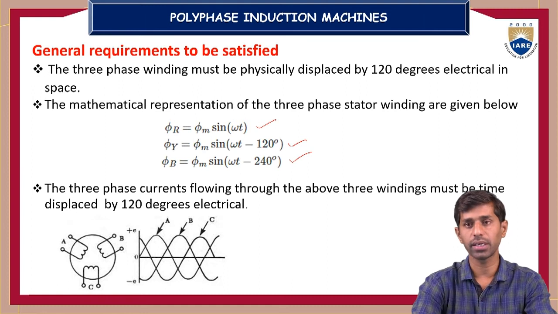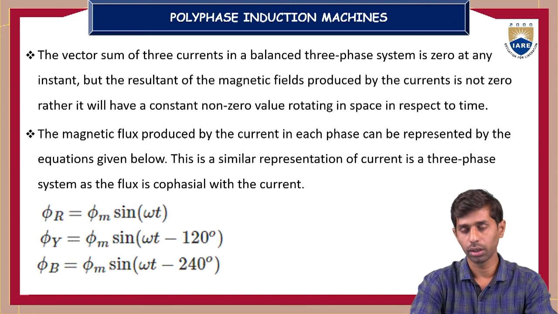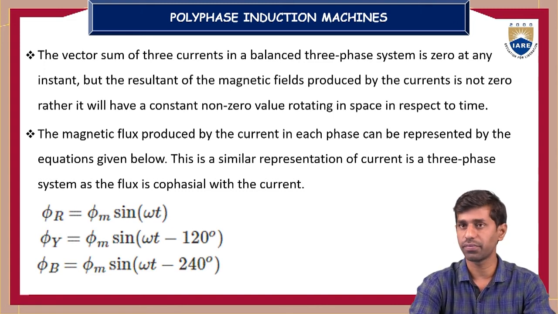The three phase currents flowing through the above three windings must be time displaced by 120 degrees electrical. The vector sum of these three currents in a balanced three phase system must be zero at any time instant.